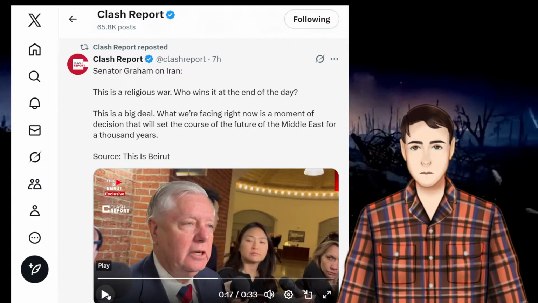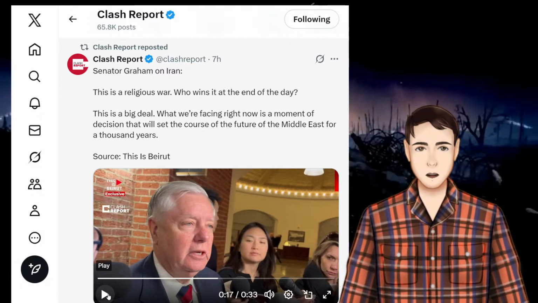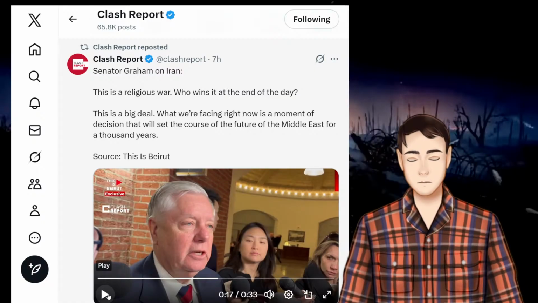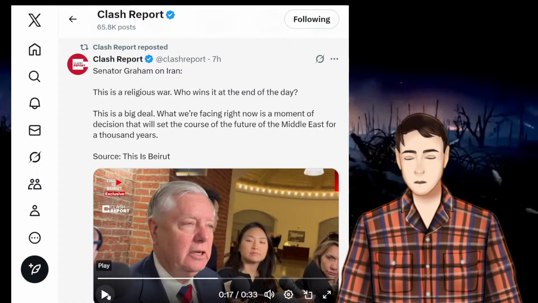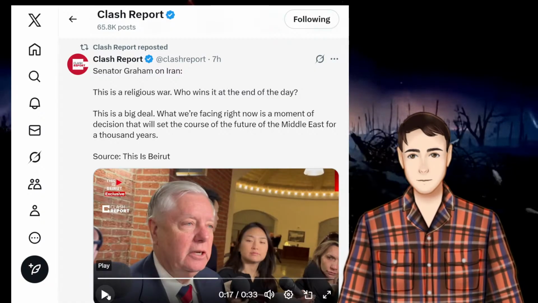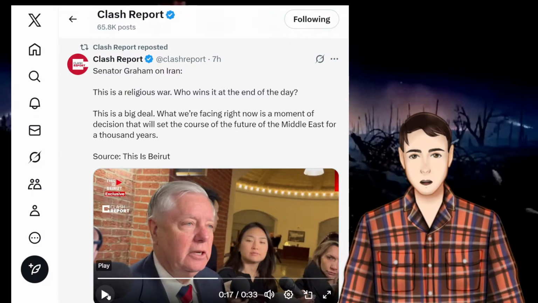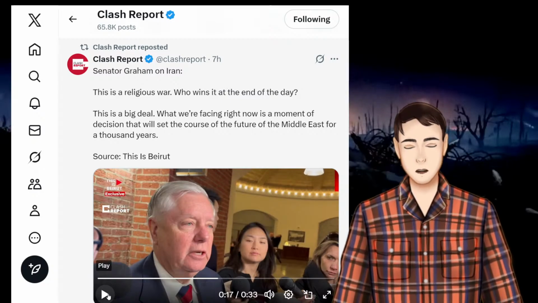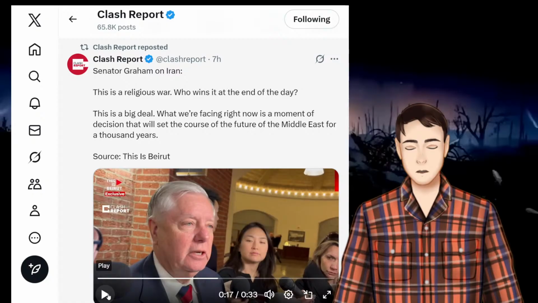Because remember, China brokered a normalization pact between Saudi Arabia and Iran. I don't know if the rest of the Gulf states have some sort of deal, any sort of deal with Iran to normalize relations.